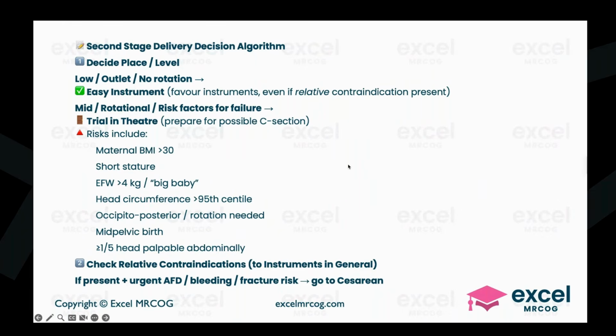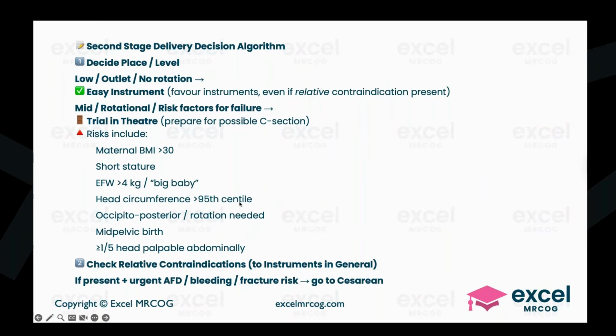Okay, so now if, however, you have a mid cavity or rotational, with a risk factor for failure, look in your question very carefully: BMI more than 30, short stature in the mom, big baby, head circumference is big.